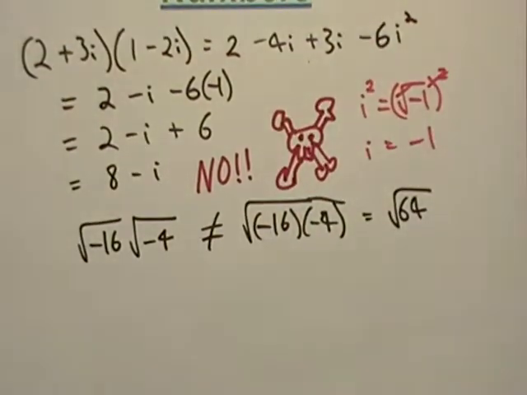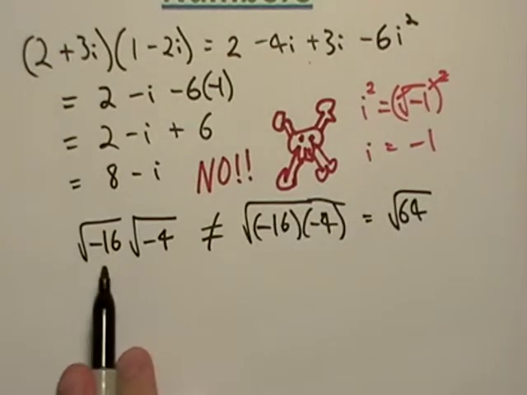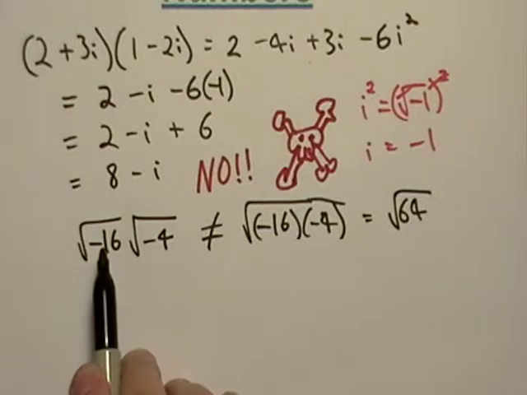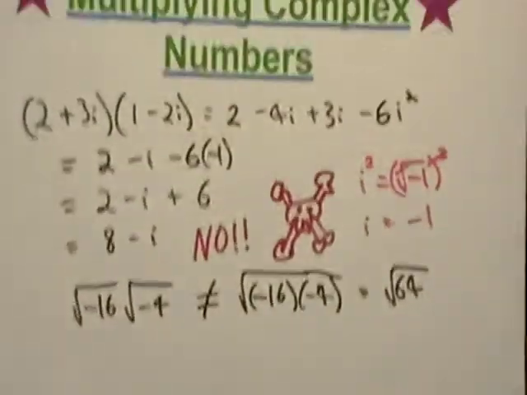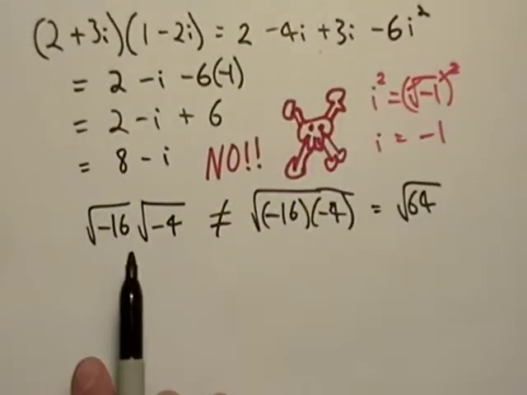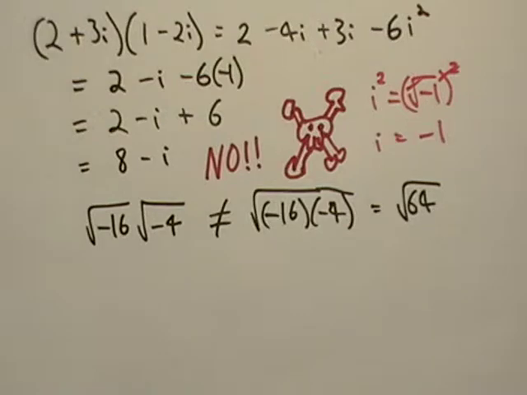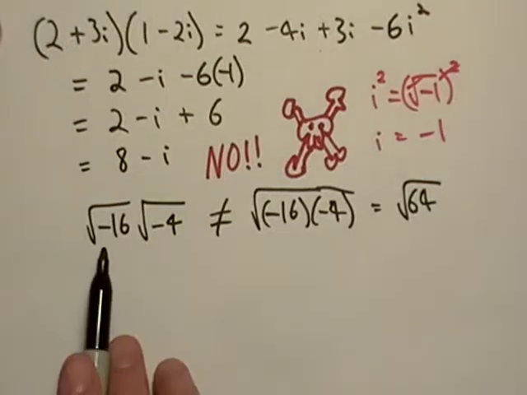Okay, what you do instead is remember that this square root of negative 16 is not a real number, it's a complex number. So before you do any operations with this stuff, you have to transform it into its complex number form, which is a plus or minus bi. So let's do that right now.